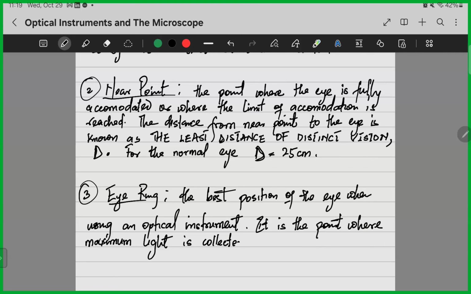And then in a telescope, the eye ring is at the exit pupil or exit port or eye pupil, which acts as an aperture stop.